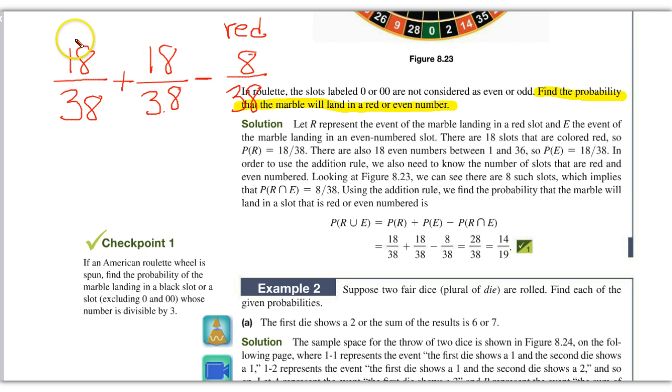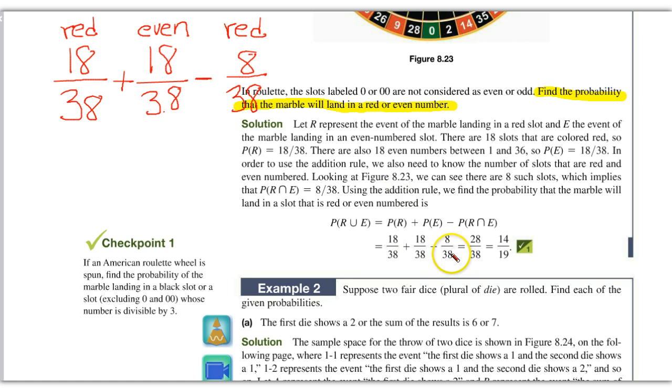So in a sense, and again, it's out of 38. I had inadvertently written a 36 there. So 18 are red, 18 are even, but 8 of the reds over here are also even, so we had to take those out.